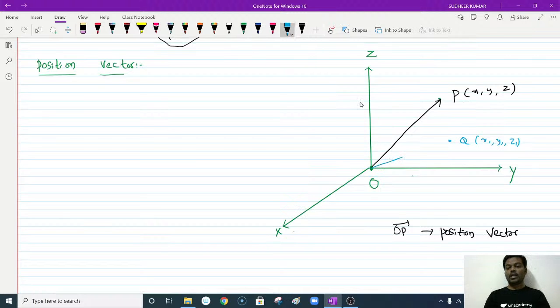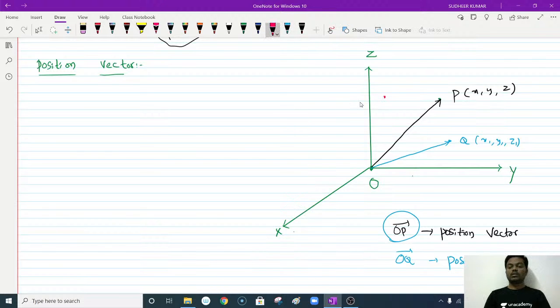Any directed line segment which is joined from the origin to the given point is called a position vector only. Position vector usually is represented by OP only when there is one, but if there is more than one, we should use another letter. If there is a point R(x2, y2, z2) and you join this, this is also called a position vector, right?